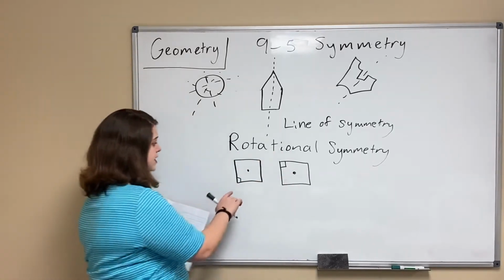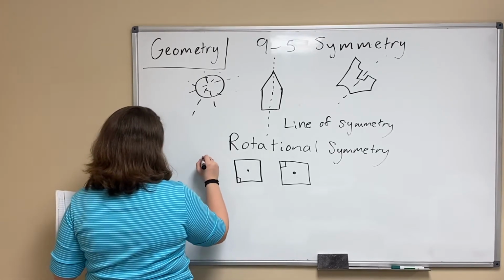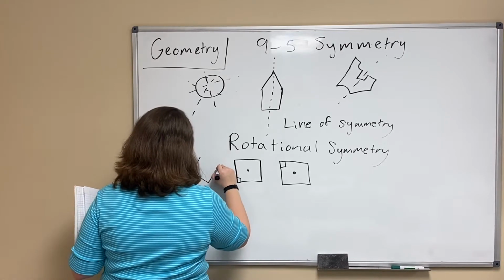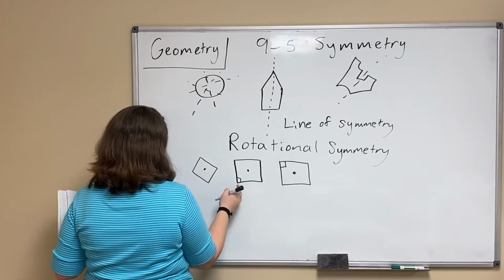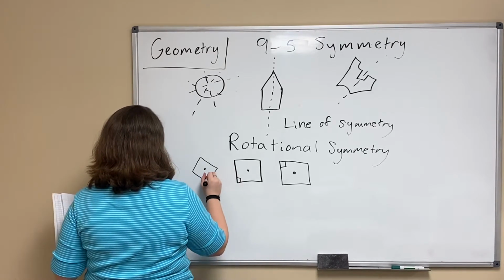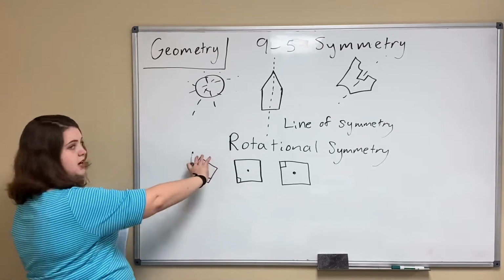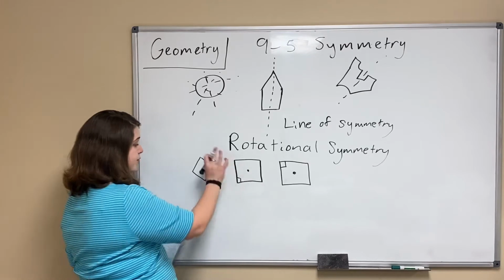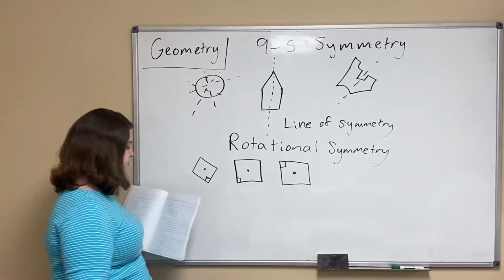Now if I rotated it 45 degrees, it's not going to be the same shape, because now it's a diamond. It wouldn't be mapped onto itself. So this square doesn't have 45-degree rotational symmetry, but it does have 90-degree rotational symmetry.